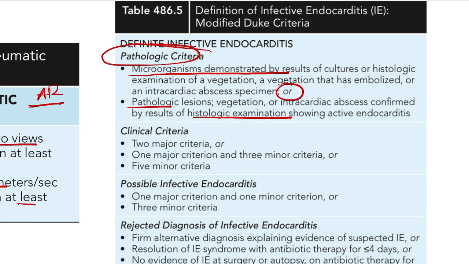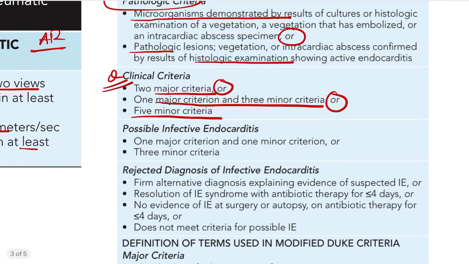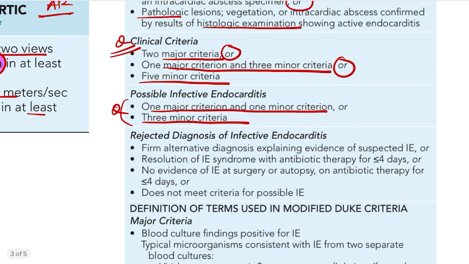Okay, so clinical criteria are two major criteria, or one major criterion and three minor criteria, or five minor criteria. Okay, so just remember these clinical criteria. We'll discuss what are the major and minor, but remember this. Okay, possible infective endocarditis: one major and one minor, or three minor. Okay, we'll discuss what is the major criteria and what is minor criteria, but as of now these are clinical criteria. Okay, rejected diagnosis, don't remember this.